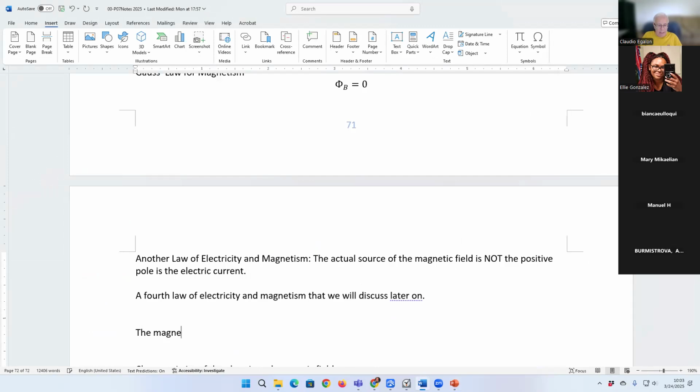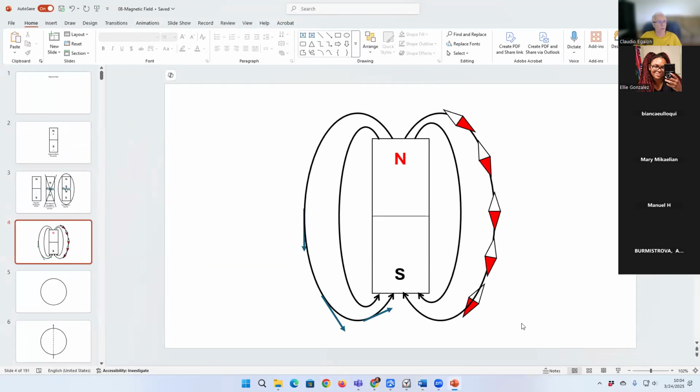The magnetized needle of the compass points tangent to the magnetic field line of, let's say, a bar magnet. That's what the drawing shows.